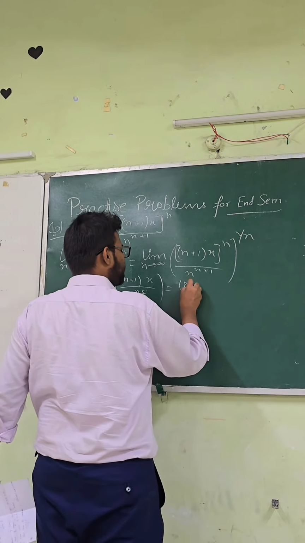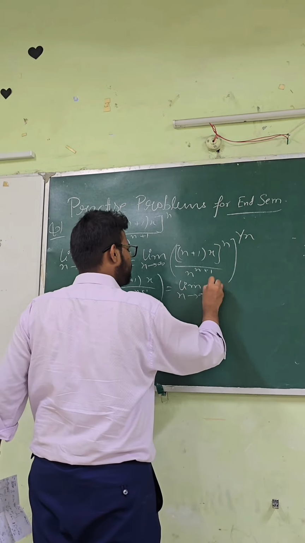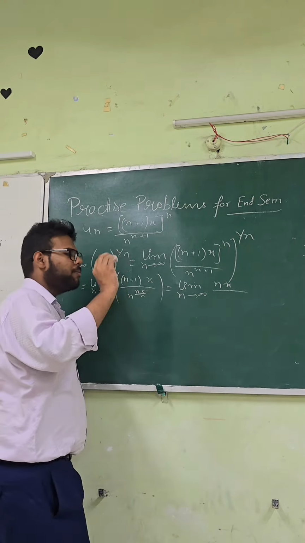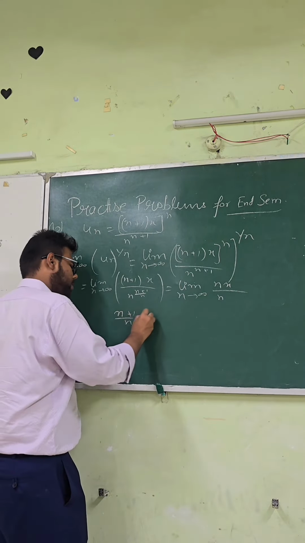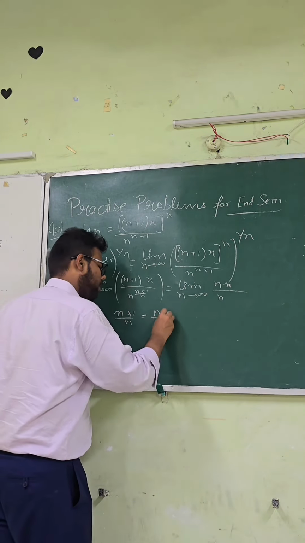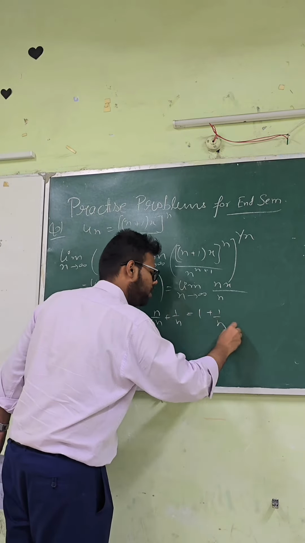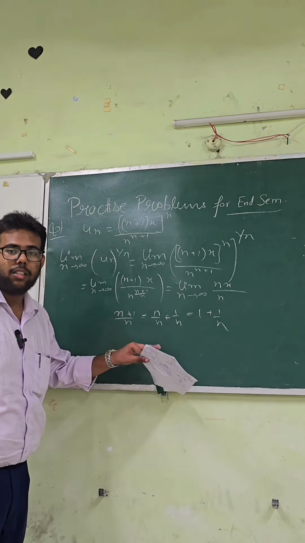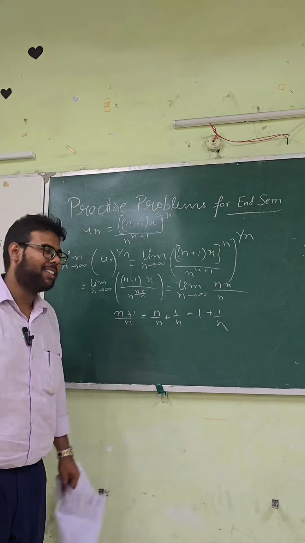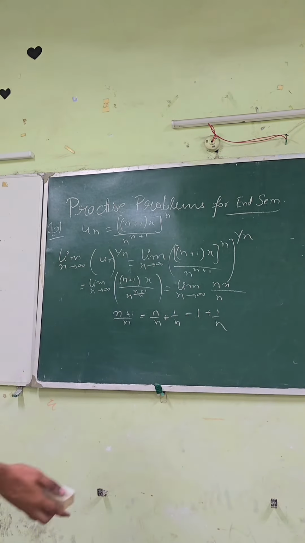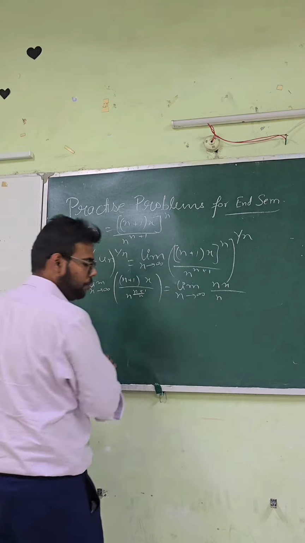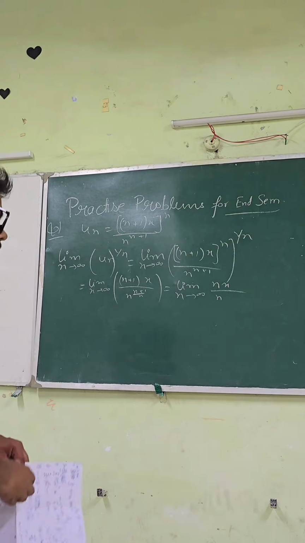So you can make this equal to n for simplicity, upon n to the power (n+1)/n, which is equal to 1 + 1/n. I'm doing the simplest calculation so that no one faces any problem. Okay, I hope you understand.